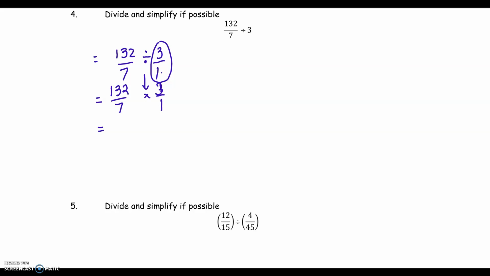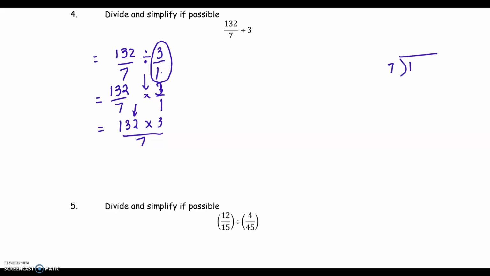So this is equal to 132 times 3 over 7. Now if we have to cancel common factors, our only hope is that 7 divides 132. And if it doesn't, there's not much cancellation that we can do, but let's give it a try.